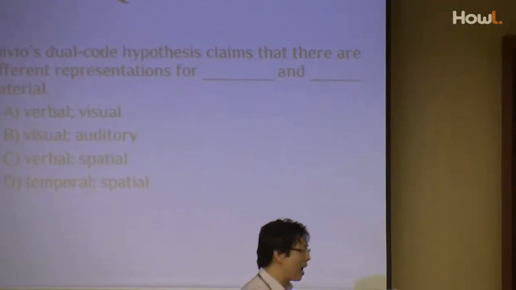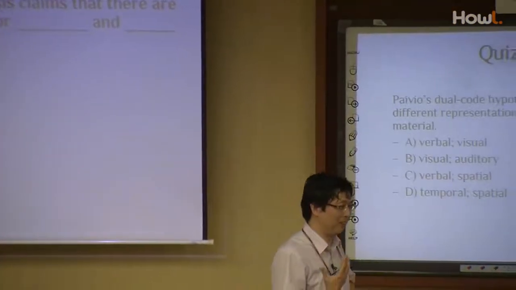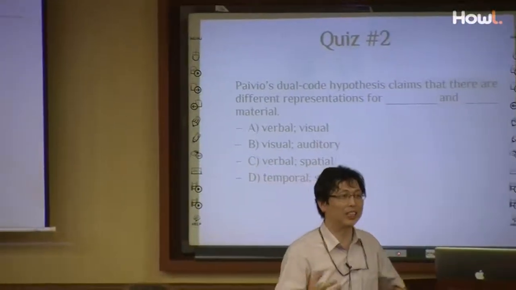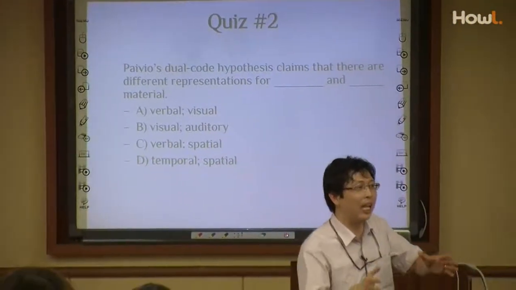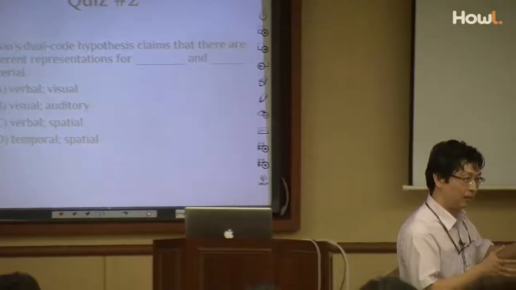You have to be very careful to understand knowledge representation and perception. In chapters 3 and 4 we learned there are two different ways of perception. One is what? Visual perception. The other is auditory perception.